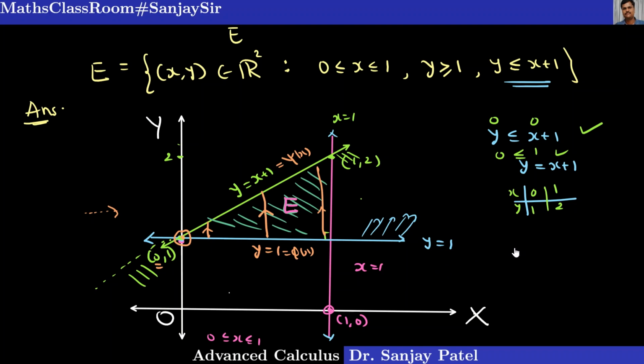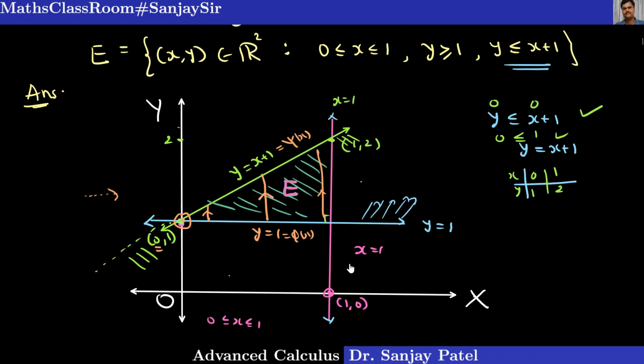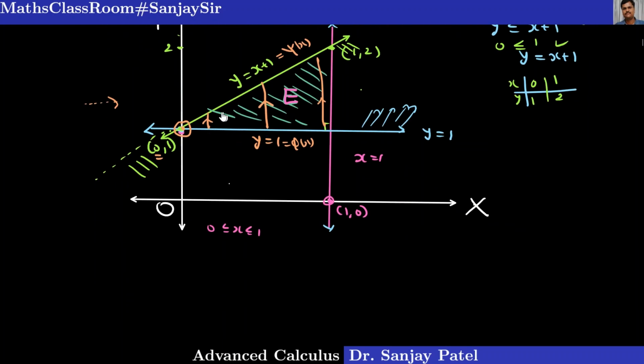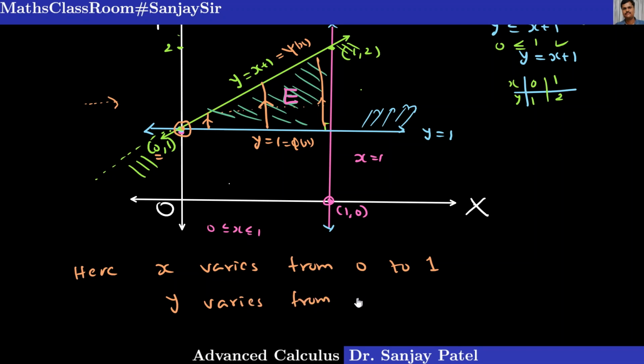So x varies from 0, and when you move along this region E and come out of this region, the value of x on this boundary is 1. So I can say here x varies from 0 to 1, and y varies from y equal to 1 to y is equal to x plus 1. This is psi of x and this is phi of x.